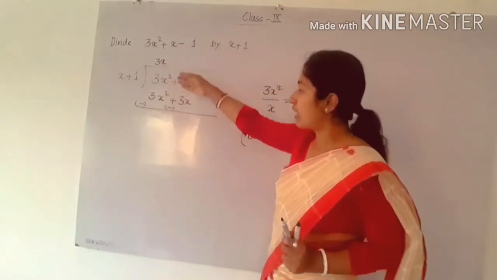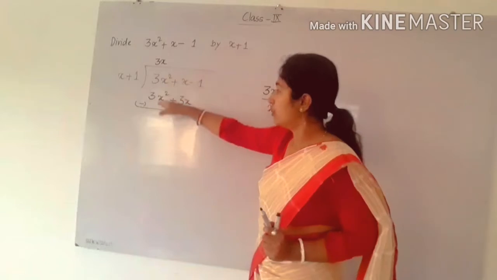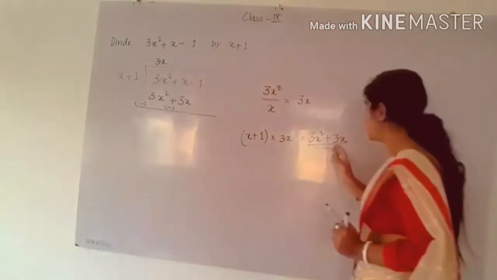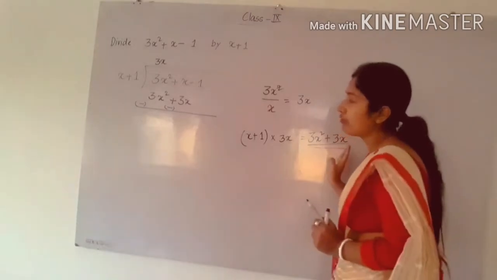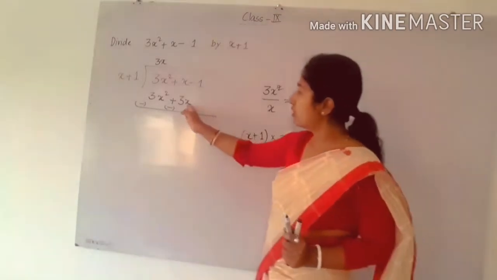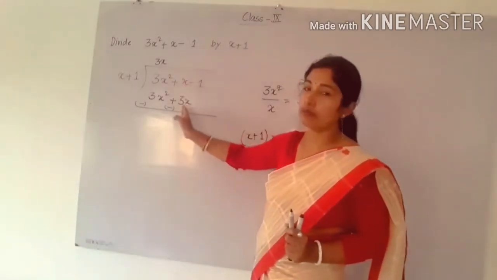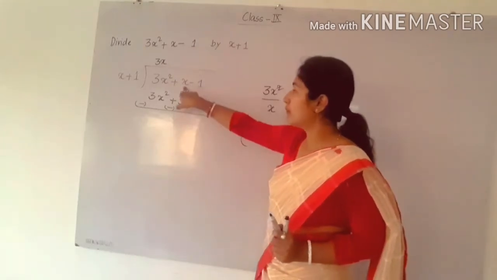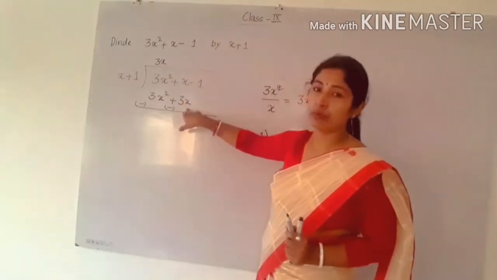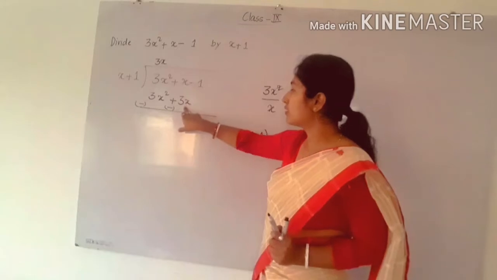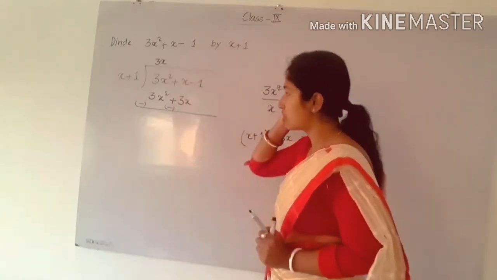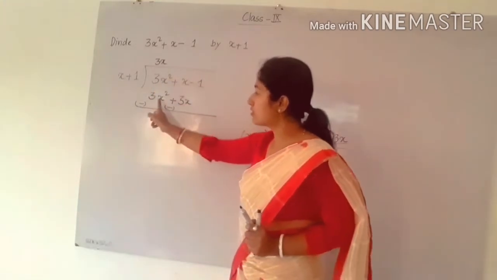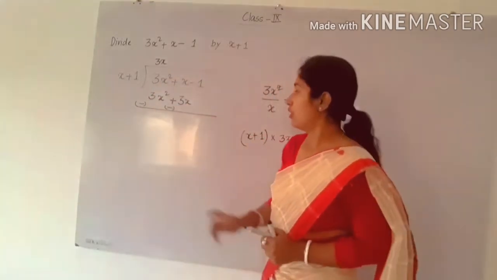Similarly, 3x and x are also like terms, because the power of x is 1 here and also 1 here. So 3x should be written below x. Next we have to do subtraction. 3x square minus 3x square will become 0.